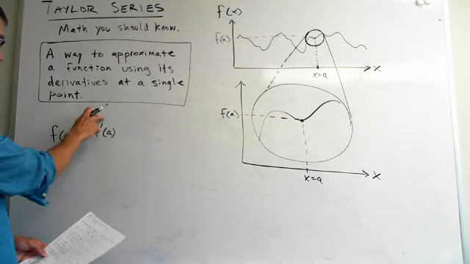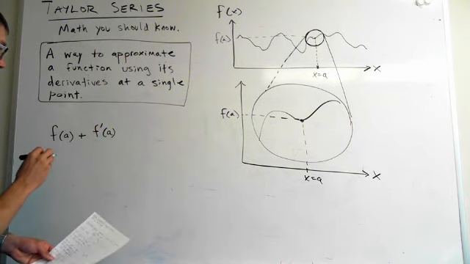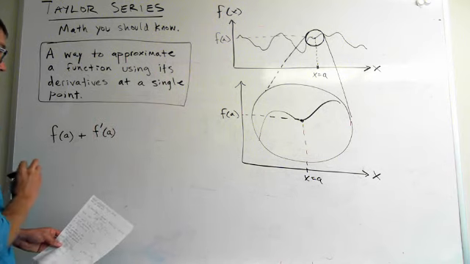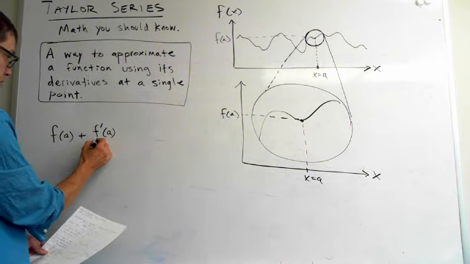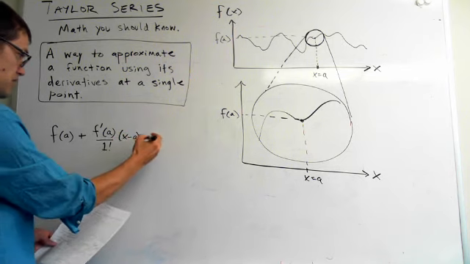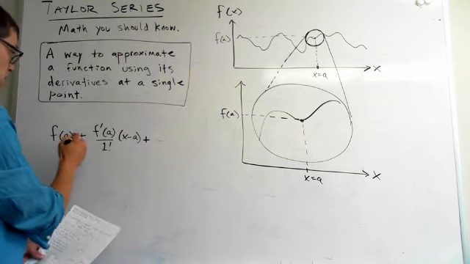The prime here indicates the first derivative of f of x with respect to x, evaluated at the point a, and then we divide by 1 factorial, which is 1. I'm writing out all the details here because you'll see a pattern as we add more terms to this Taylor series. So that's the first term.